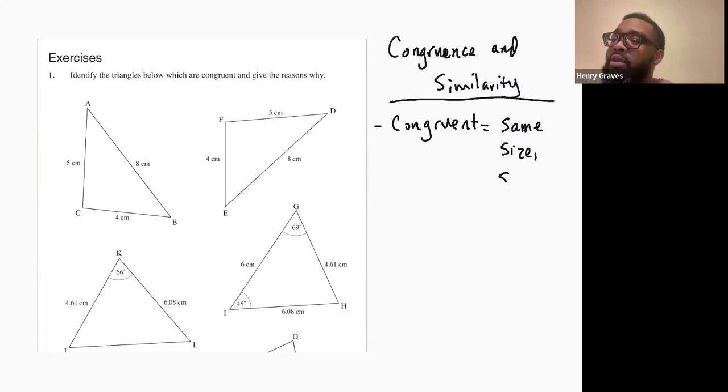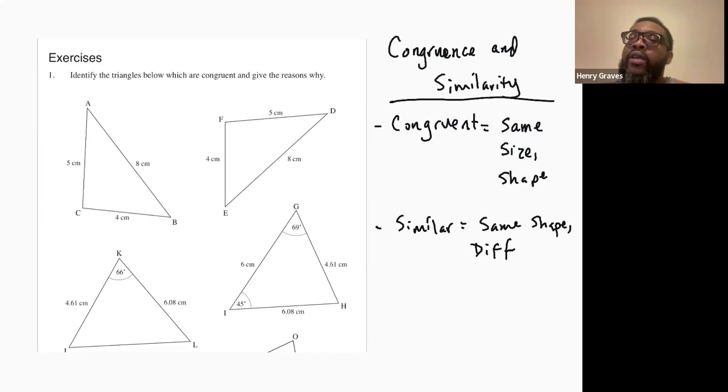Now, when things are similar, they're going to be the same shape, but different sizes. To see if things are the same or different, we are going to set up ratios.